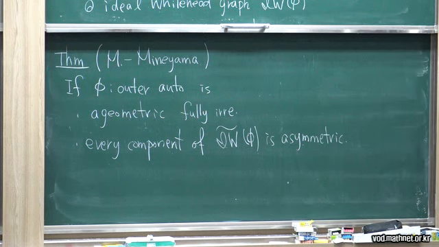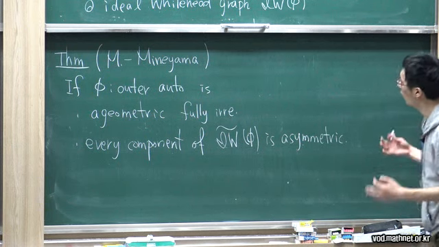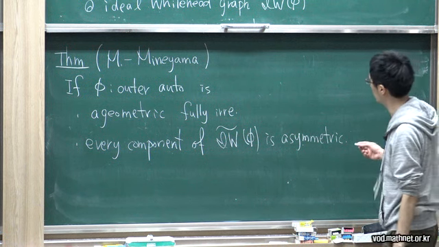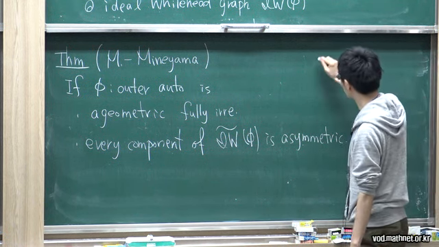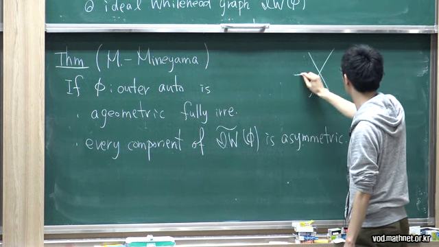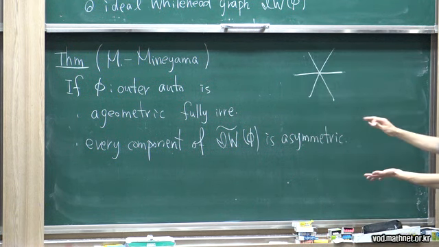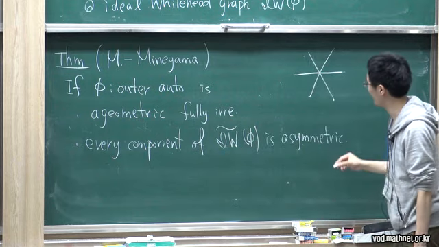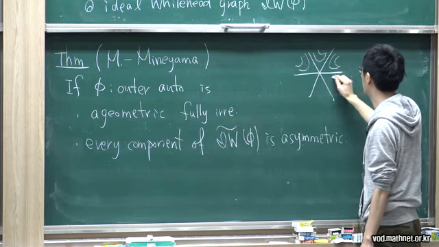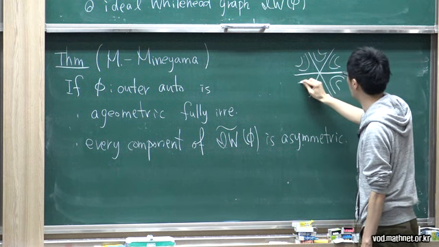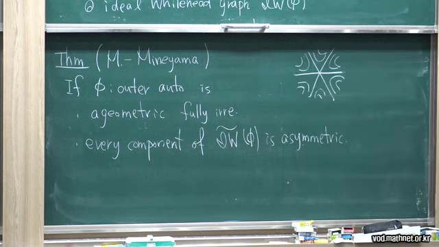I think it is good to explain why we get orbifolds in the case of mapping classes. First, let me briefly explain the ideal Whitehead graph. As a stable or unstable lamination, we get a picture like this.